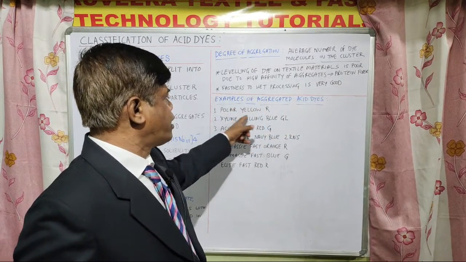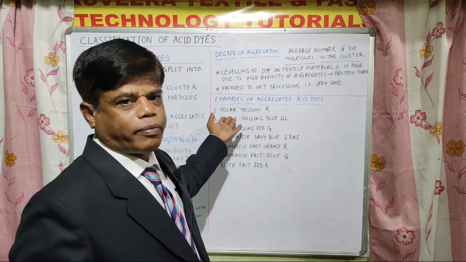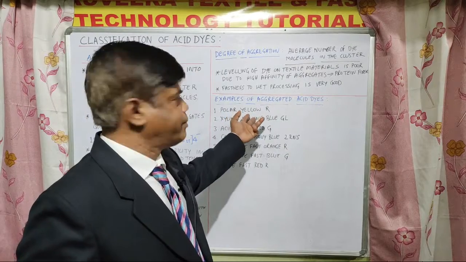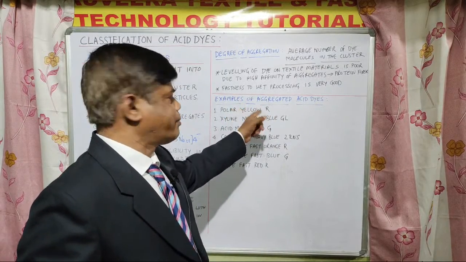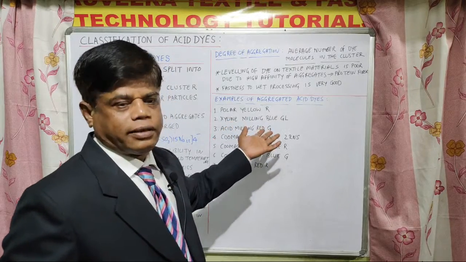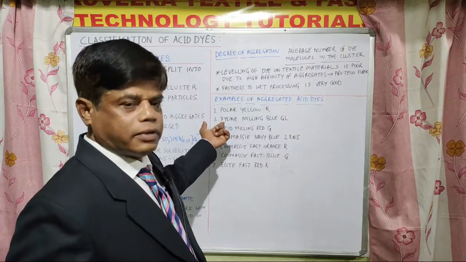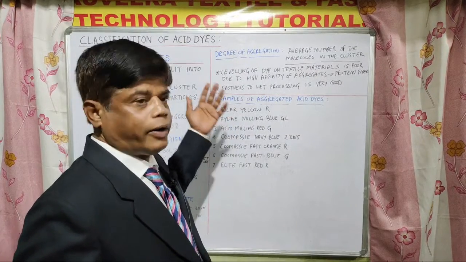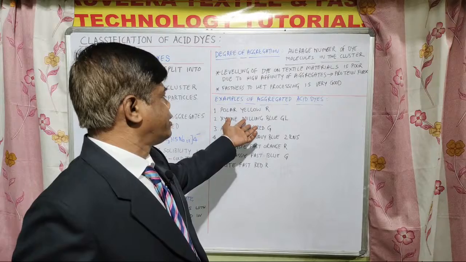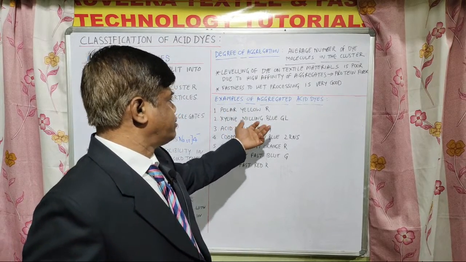One is Polar Yellow R. Polar is a trade name or company name or manufacturer name. Yellow is the color name, R is the symbol, R means red. And Xylene Milling Blue GL. Xylene is a trade name or patent name or manufacturer name, milling is a processing kind, and blue is the color.